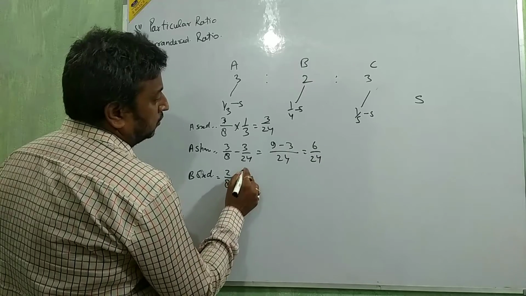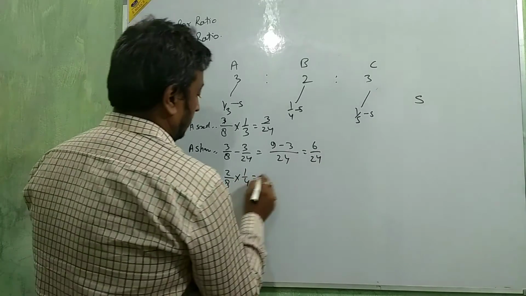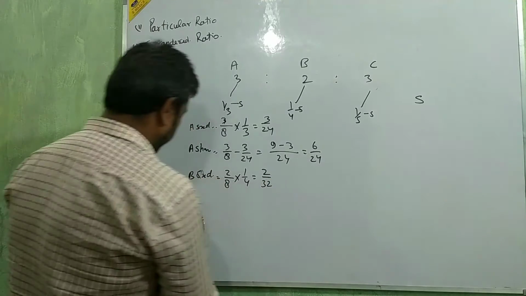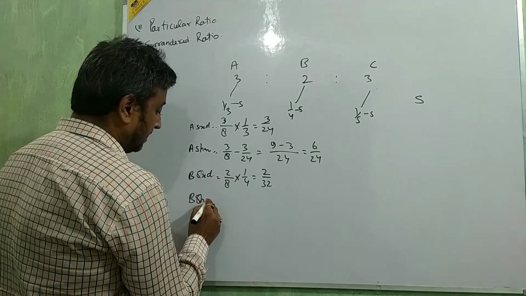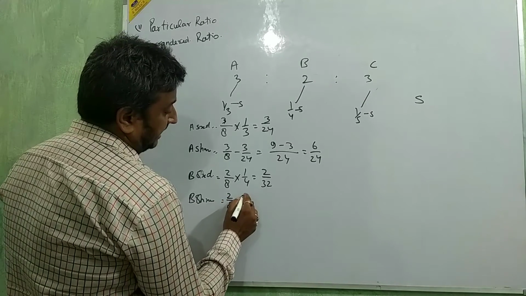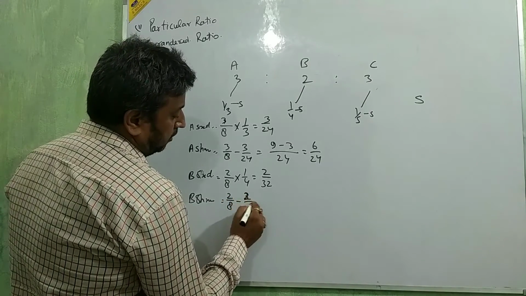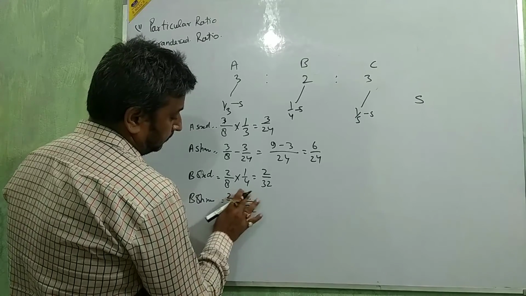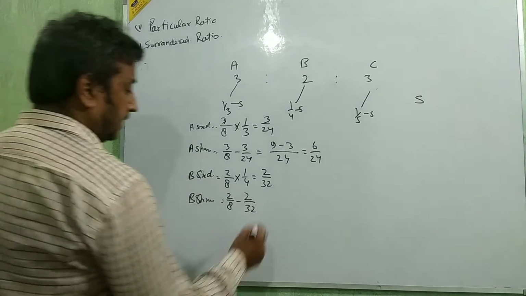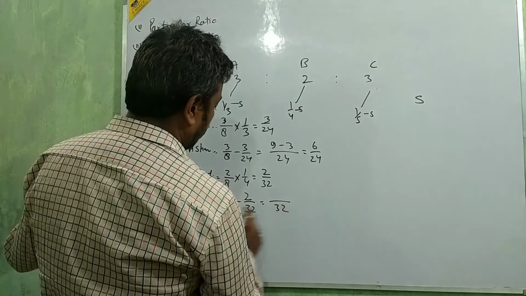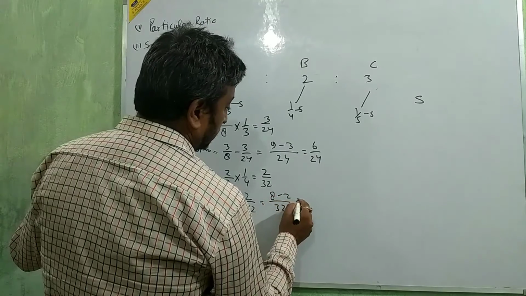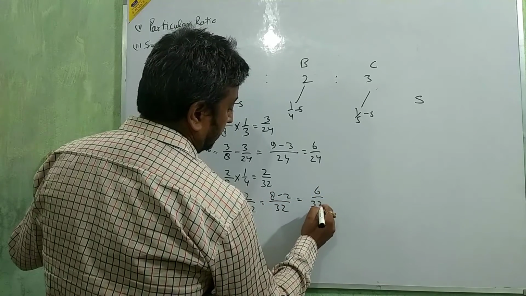Then B surrender: 2/8 into 1/4. It means 2/32. Okay. Then B share: 2/8 minus 2/32. It means 32, 4 times 2 is 8, minus 2. It means 6/32.